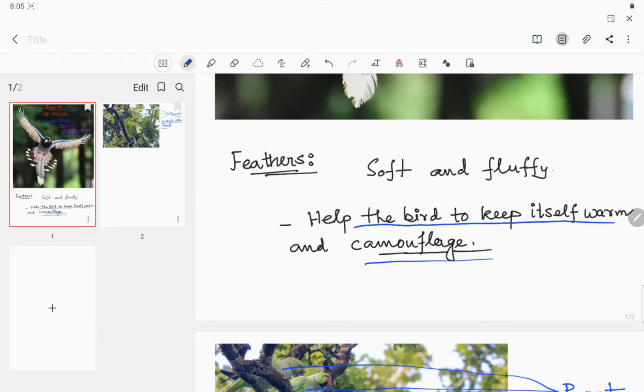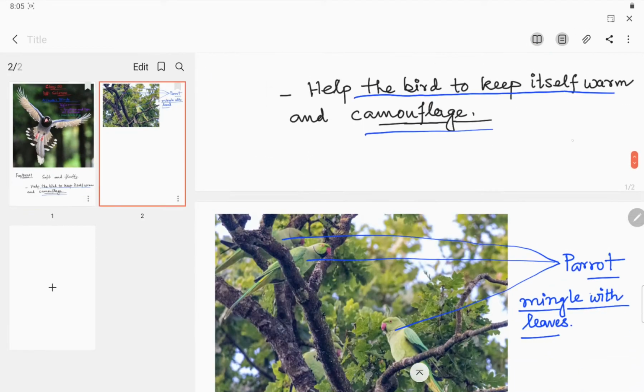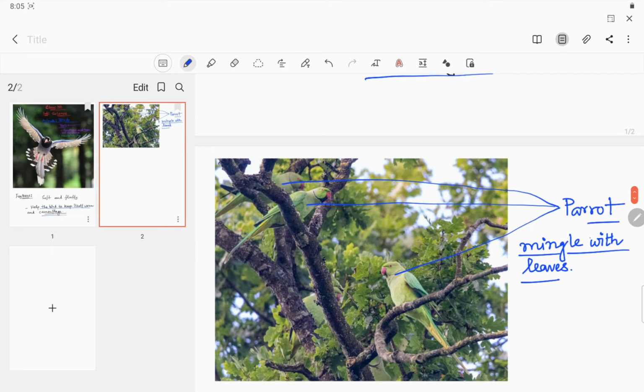I want to show you a picture. In this picture, if I do not point it out, it is hard to separate it, because a parrot can mingle with nature, with the leaves of a tree.